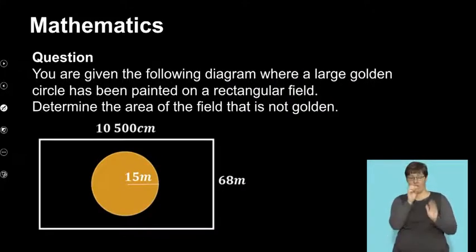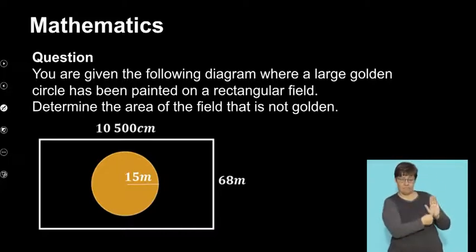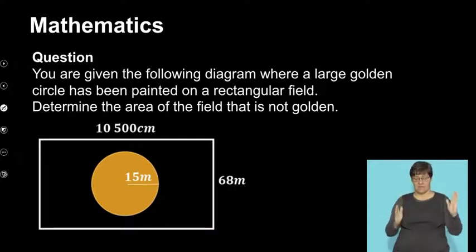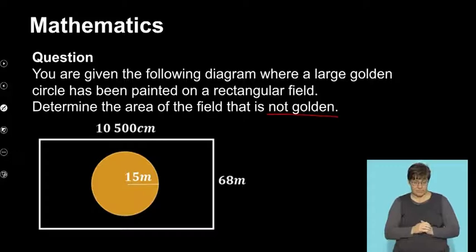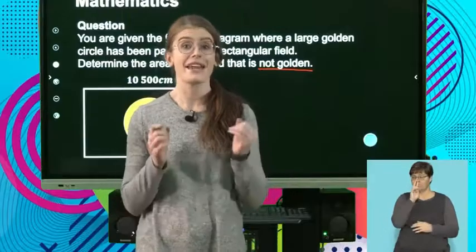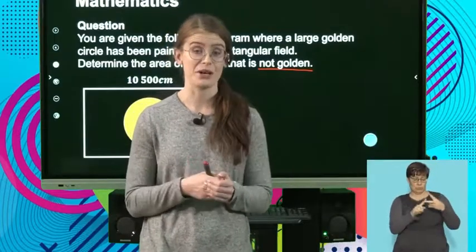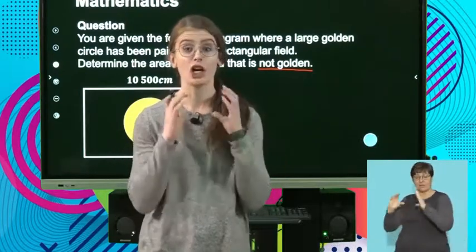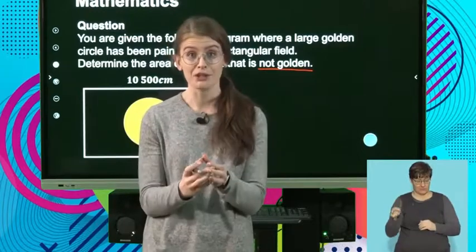So you are given the following diagram where a large golden circle has been painted on a rectangular field. We're first going to be determining the area of the field that is not golden. So everyone, hopefully at this point, you can see that I have two shapes involved in this question. I have the rectangular field and I have my large gold circle in the middle.